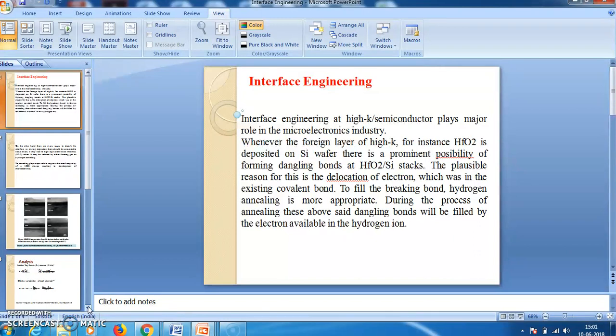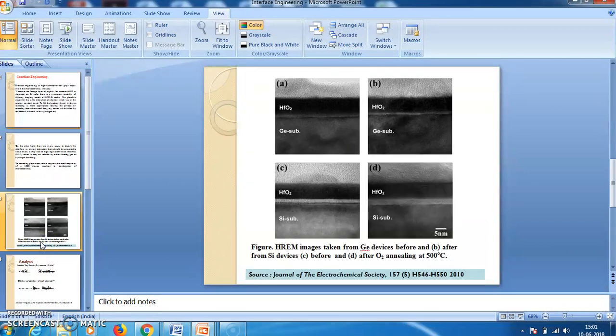That single electron fulfills the valency for the silicon covalent bond, and the hydrogen reduces the number of dangling bonds underneath the hafnium oxide above the silicon surface, that means at the hafnium oxide silicon interface. Finally, it effectively reduces the interface trap densities at the silicon hafnium oxide interface. So here we can see some interfaces in the HREM images also.